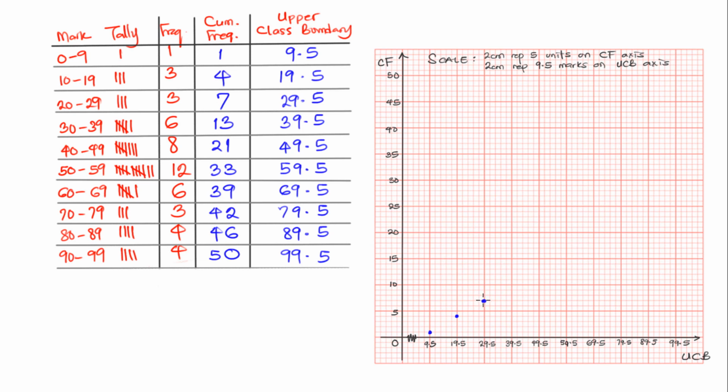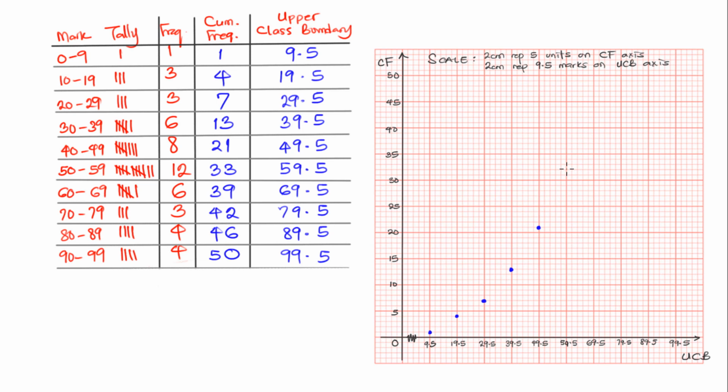You can see this is the reason why we use the values 9.5, 19.5, so that we can just plot them off on the graph. If you had used 10, 20, 30, you would need to be looking for where 9.5 is, and that will not give us the exact value. So this is the best way to go about it. This is even the standard way that the cumulative frequency curve is plotted.